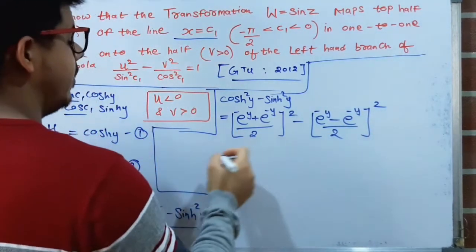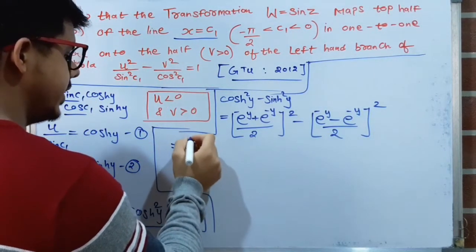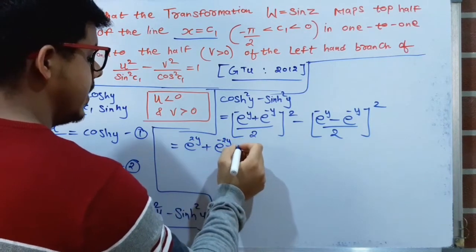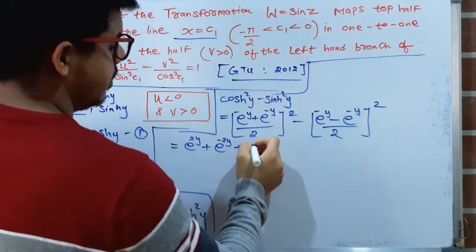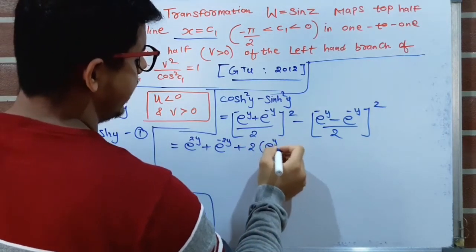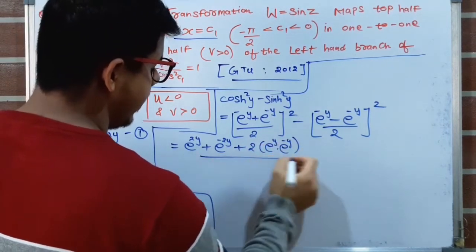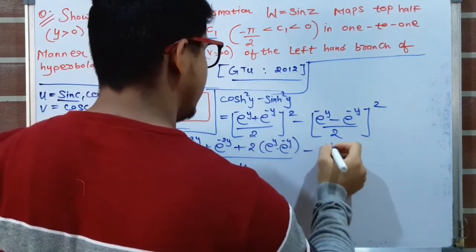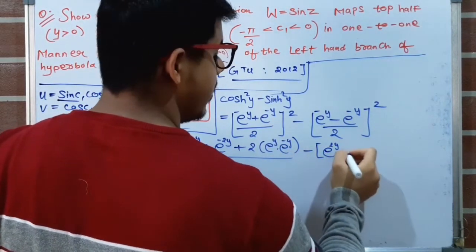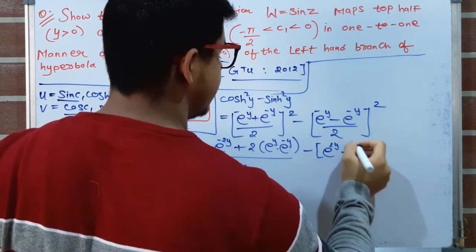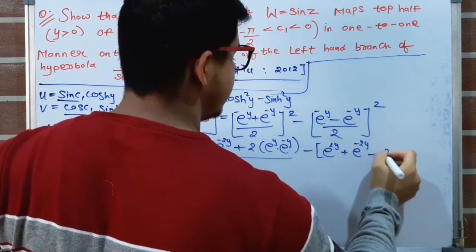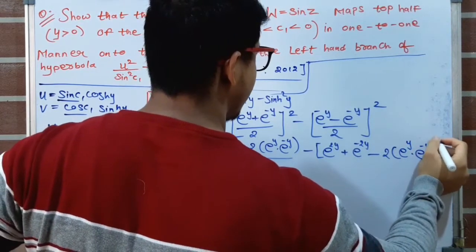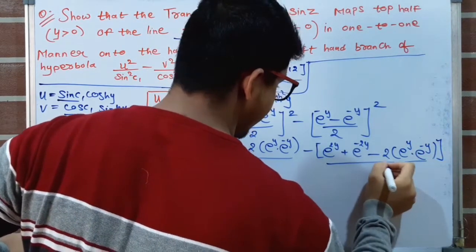Now we will expand. So e raised to 2y plus e raised to minus 2y plus 2 into e raised to y into e raised to minus y, divided by 4 because the square is there, minus, e raised to 2y plus e raised to minus 2y minus 2 into e raised to y into e raised to minus y, and divide by 4.